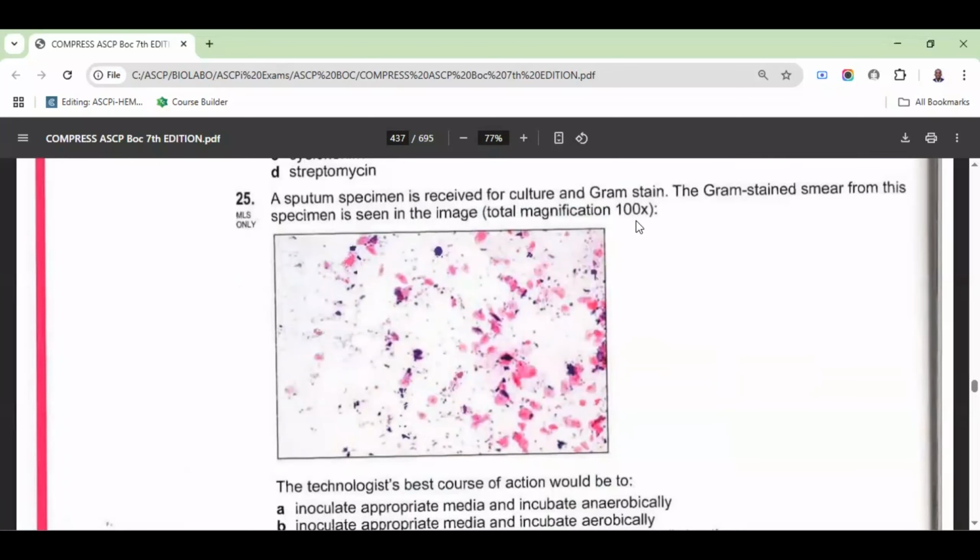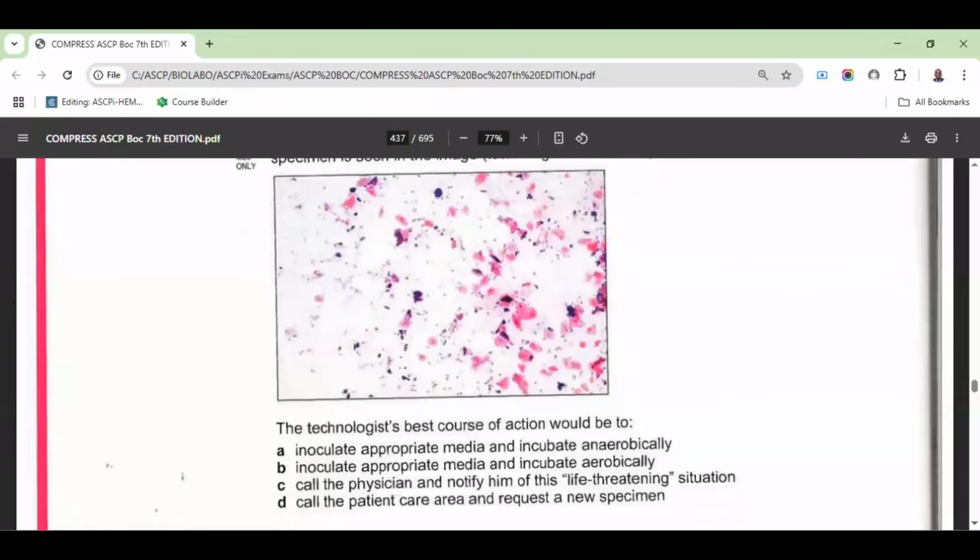The Gram stain smear from this specimen is seen in the image. This is our Gram stain of sputum. Remember, this is a sputum, and we have this as a picture we have just taken in the microscope.